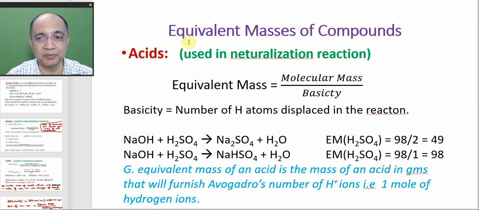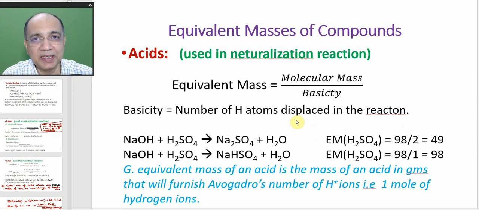Let's first take up equivalent mass of acids. It is equal to the molecular mass divided by its basicity. What is basicity? It is the number of replaceable hydrogen atoms, or more correctly, the number of hydrogen atoms displaced in the reaction, because you know that equivalent mass is reaction specific.